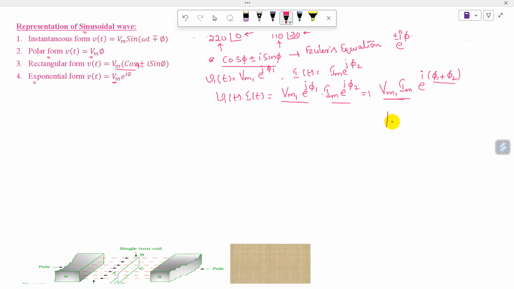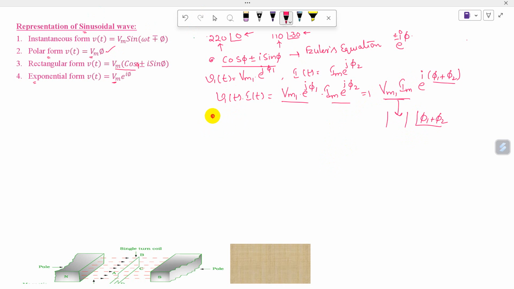So I can write magnitude and the phase angle is phi 1 plus phi 2. So this is polar form representation like this.